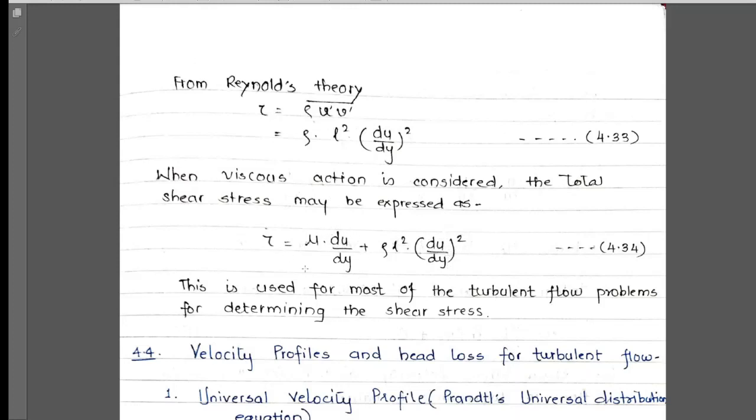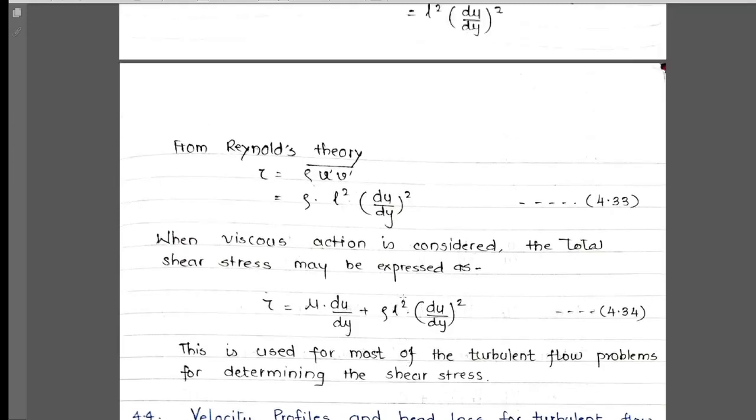This is the shear stress due to the laminar sublayer, and this is the shear stress due to the turbulent flow. So this is used for most of the turbulent flow problems for determining the shear stresses.